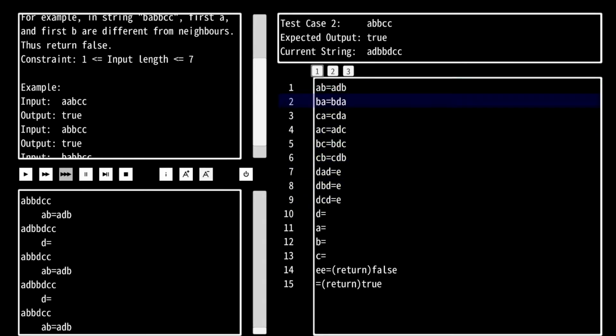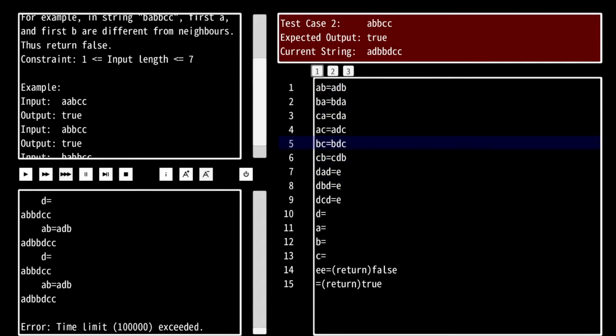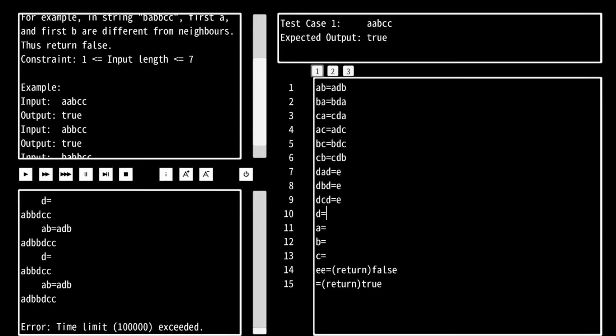I think this just works now though. Nope, never mind. It got stuck? Oh, because I'm deleting them now. Okay, wait. This is hard.